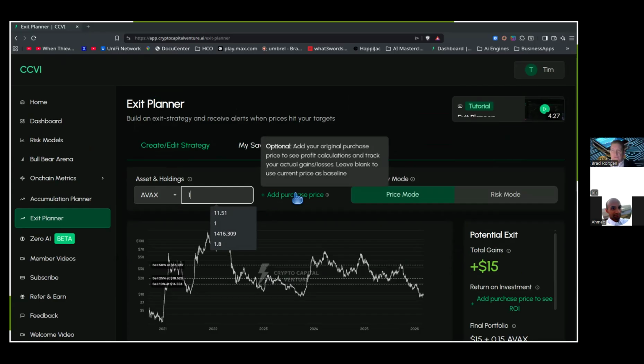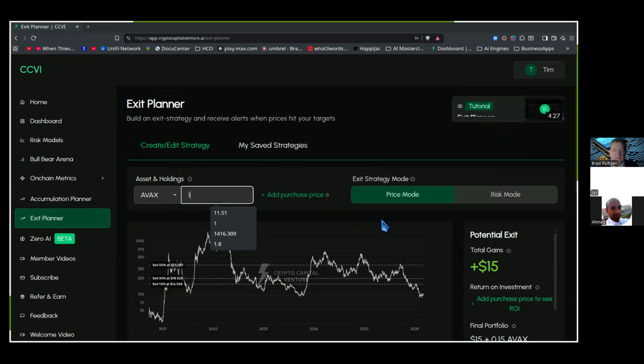what the price was, and then whether we're planning on selling based off of price or based off of risk. Assuming 100% risk is the height of the bull market, maybe you want to start laddering out. So at 60 or 70%, you want to sell 10%, in case it never makes it to 100.